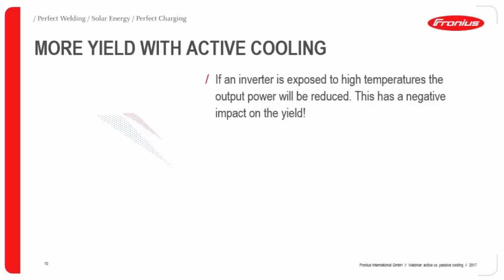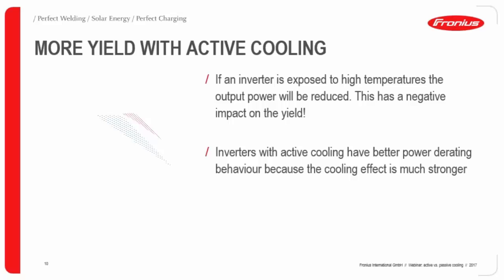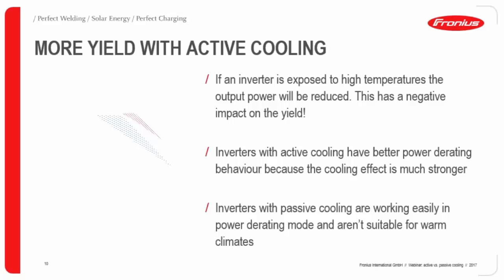And the effect out of that is you can have a negative impact on your yield. Active cooled inverters usually have a better power derating because the cooling effect is much stronger. You have basically the opposite with passive cooling, because you're easily in the power derating mode.